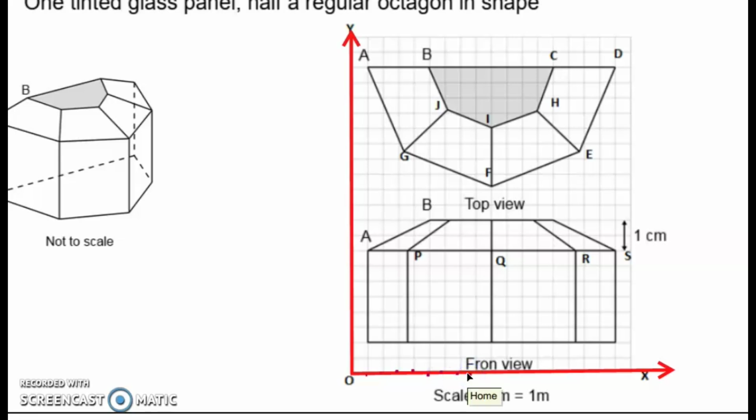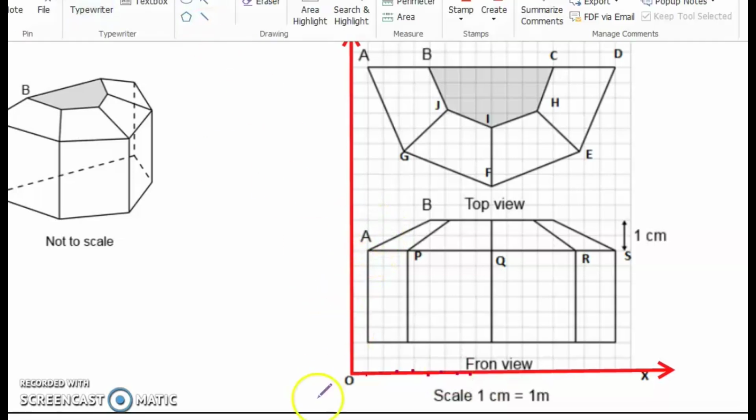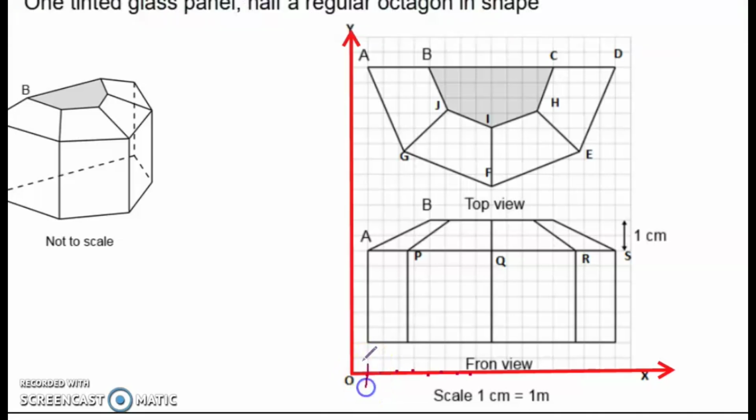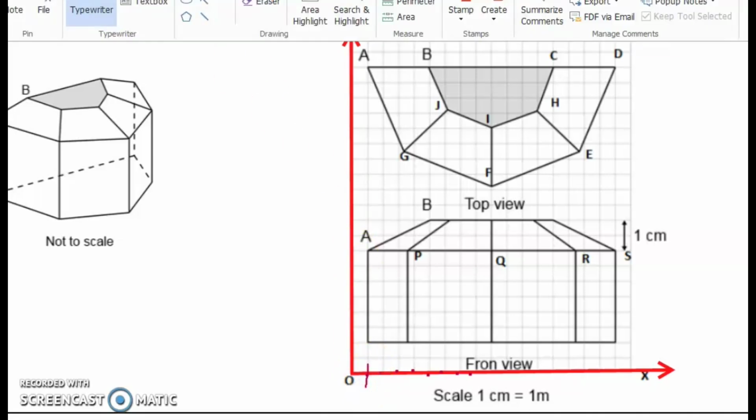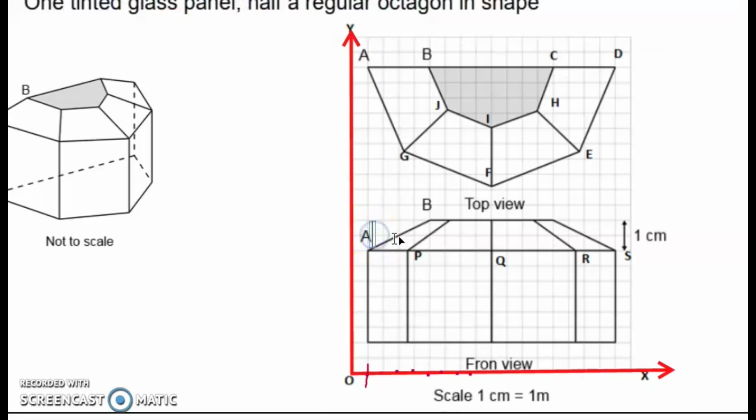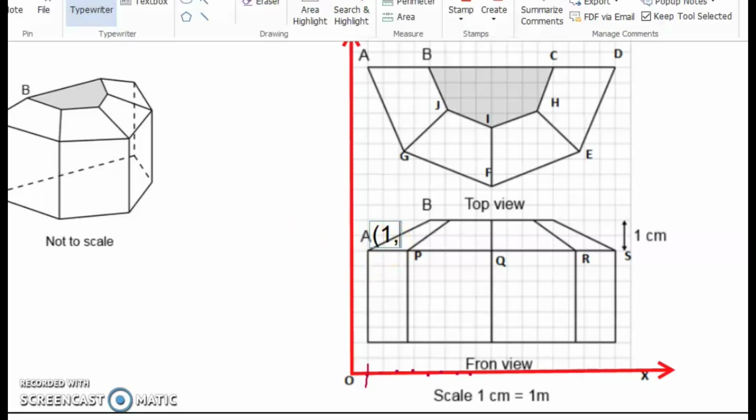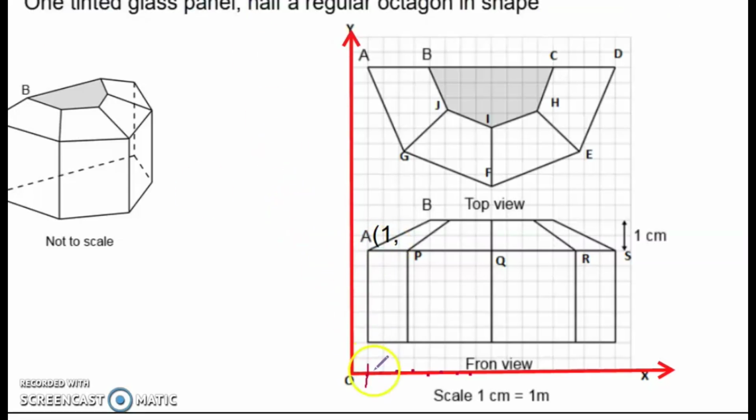For example, if we try to calculate the coordinate of A, on the x-axis it is at 1. So among the x-axis it is 1, comma. What about the y coordinate? If you see the y coordinate value here, this is 1, 2, 3, 4, 5, 6, 7, 8.